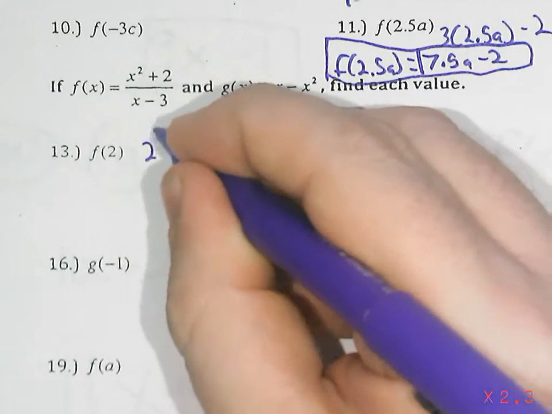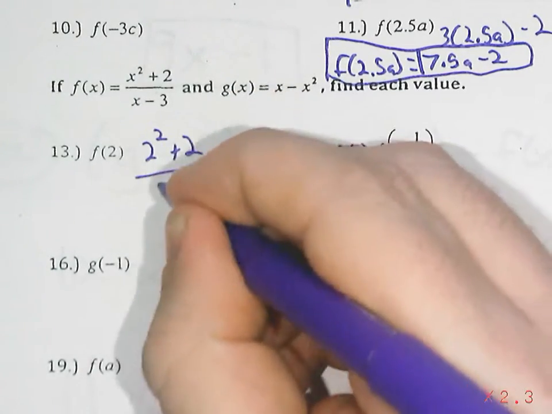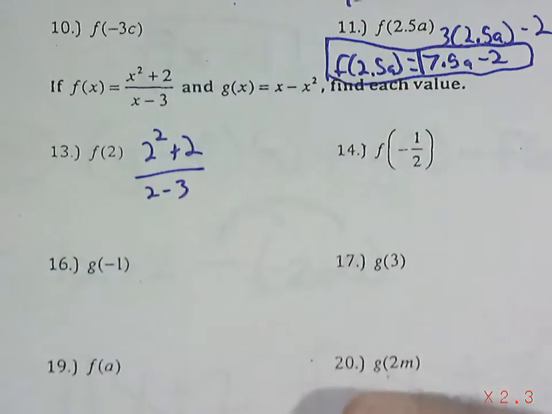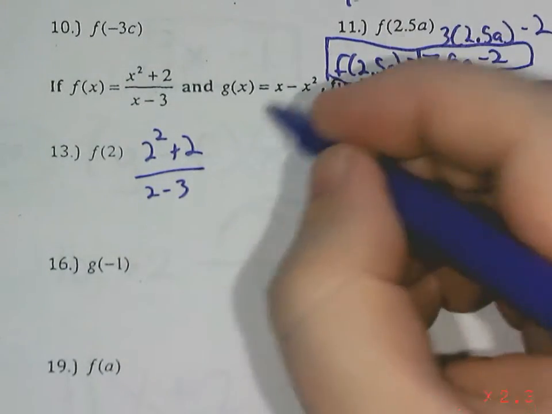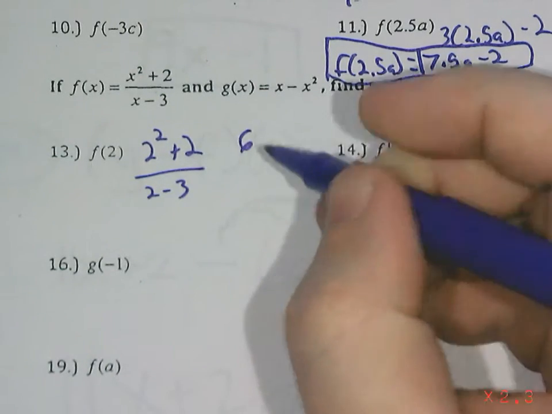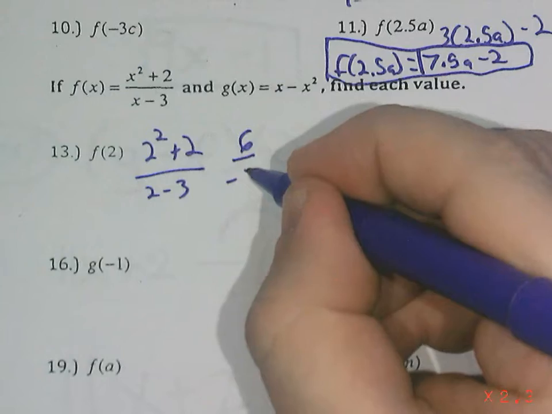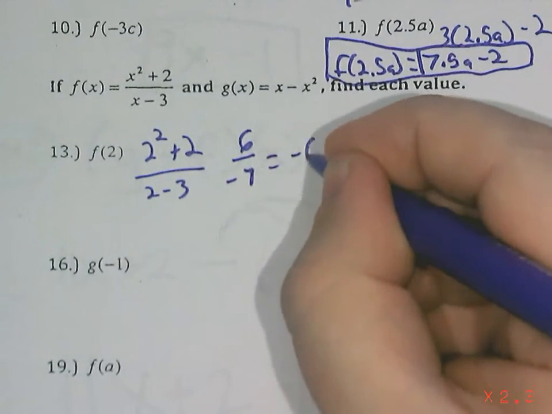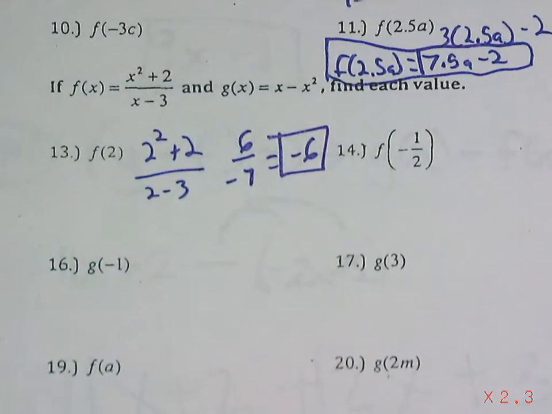So I would have 2 squared plus 2 all over 2 minus 3. So 2 squared is going to be 4 plus 2 is 6, and 2 minus 3 is going to be negative 1. 6 divided by negative 1 is just negative 6. That's all I got to do.